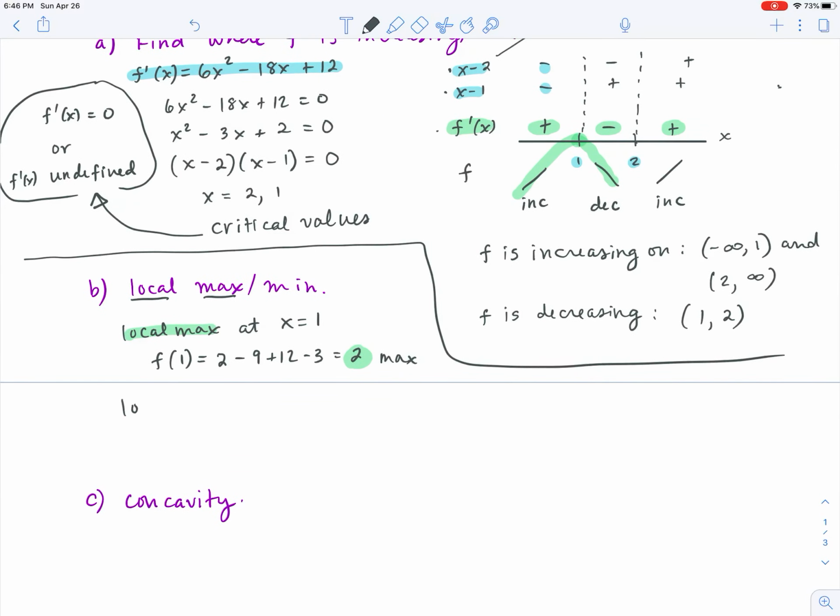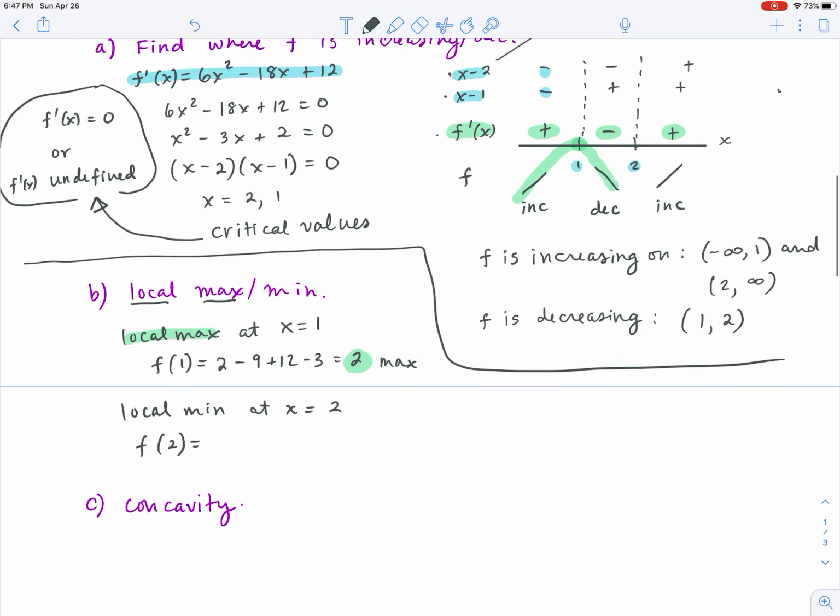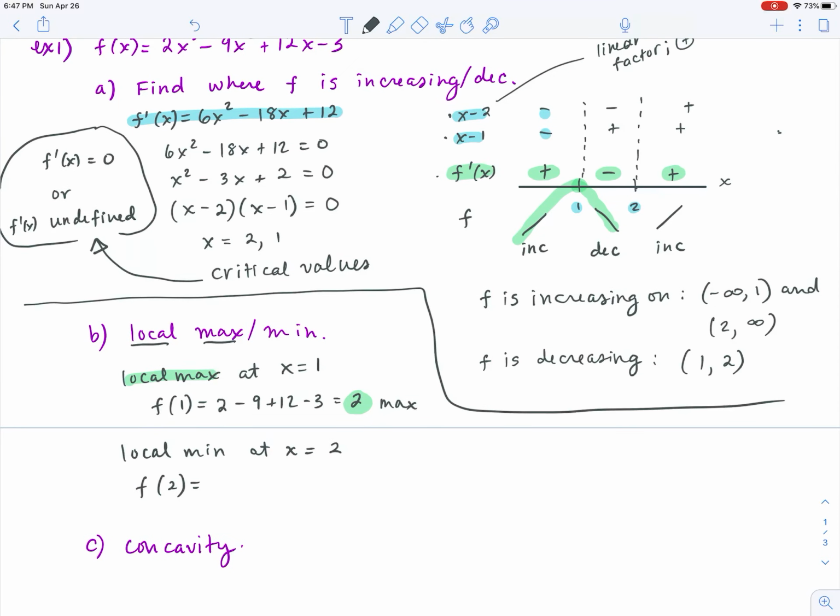And then there's a local min as well when x equals 2. And then if we evaluate f at 2, we get 24 minus 36 plus 12. I think that's 0. Let me double check that.